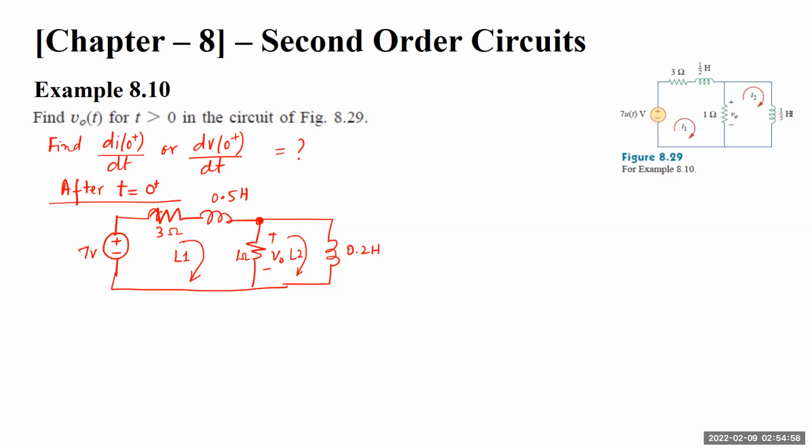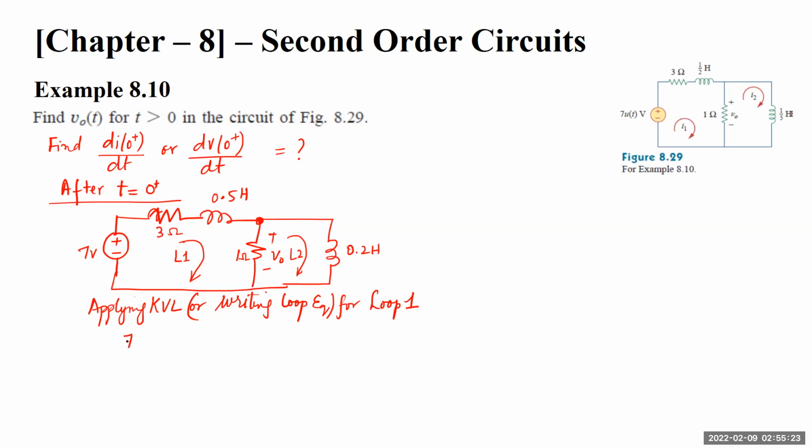Since there is an inductor, we apply KVL, writing the loop equation for loop 1.